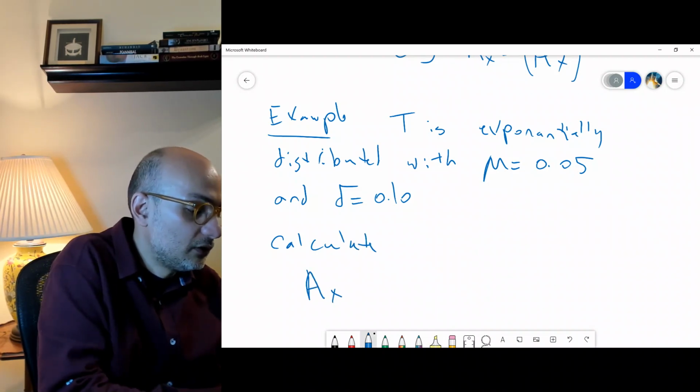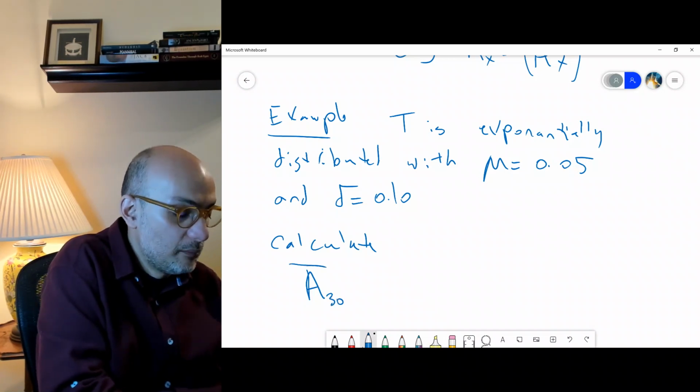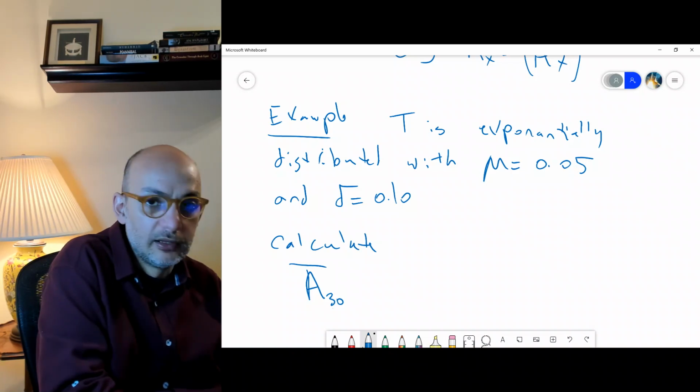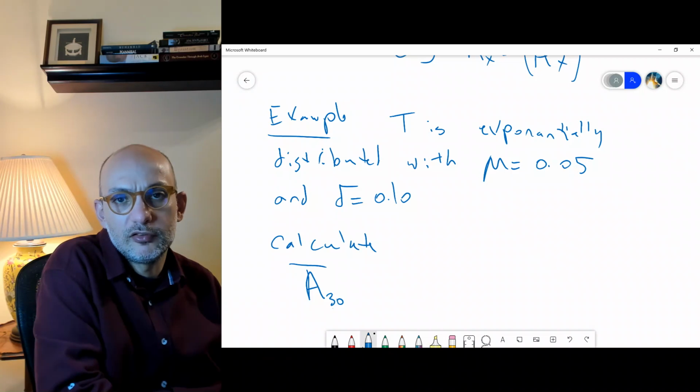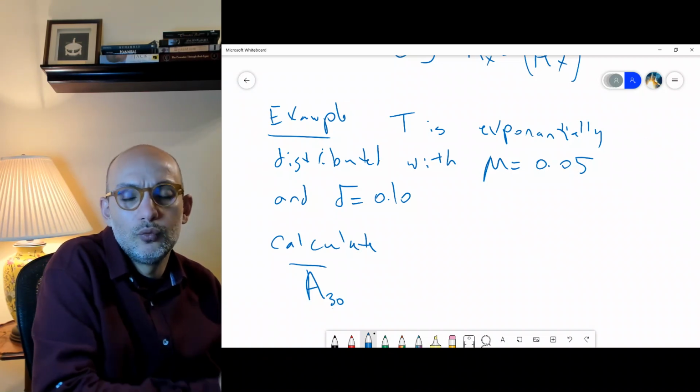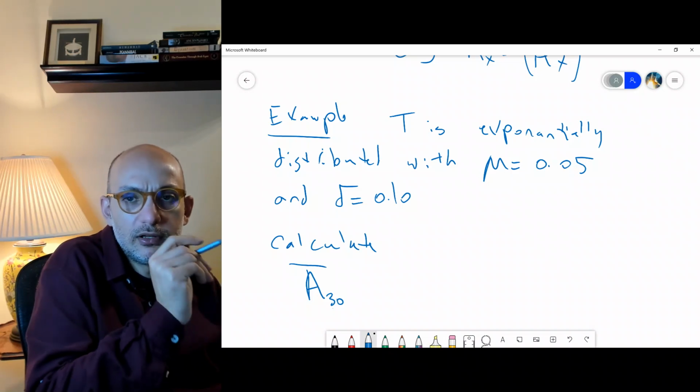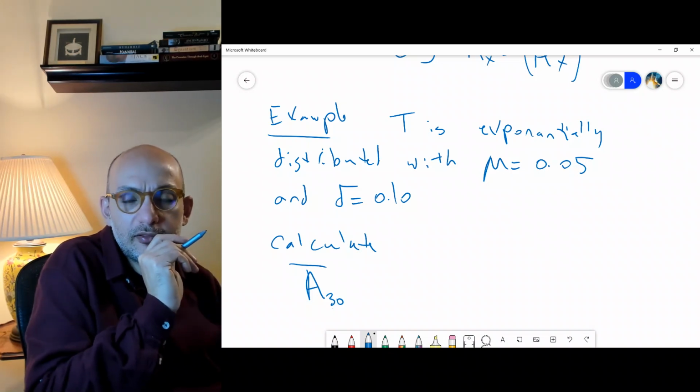Now we want to calculate the expected value of an insured, the expected whole life insurance value payable at time of death for an individual currently age 30. So an insured enters this insurance at age 30 and is expected to be paid $1 unit of insurance at time of death, right?